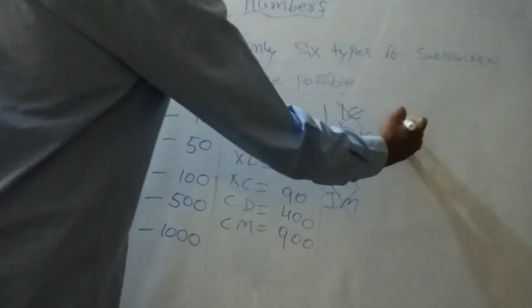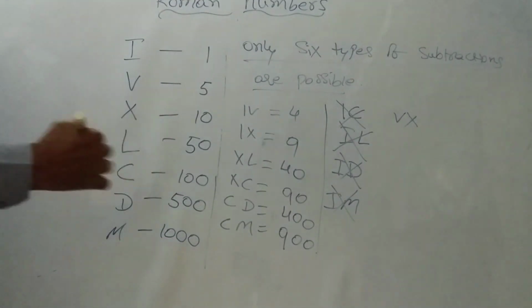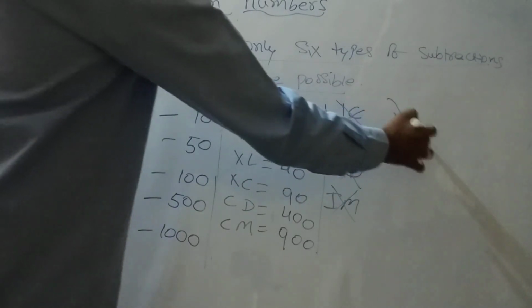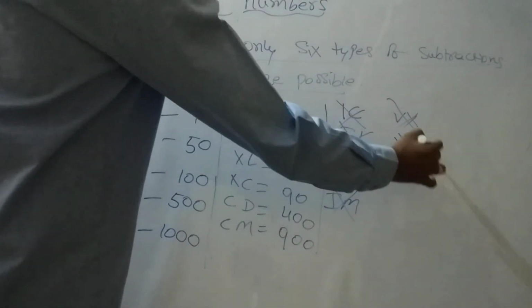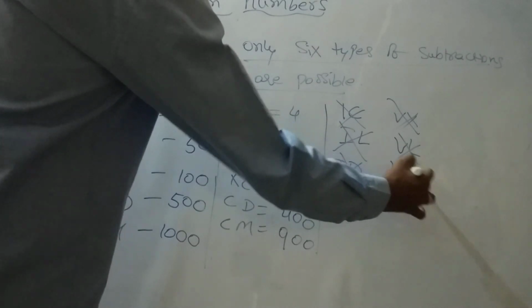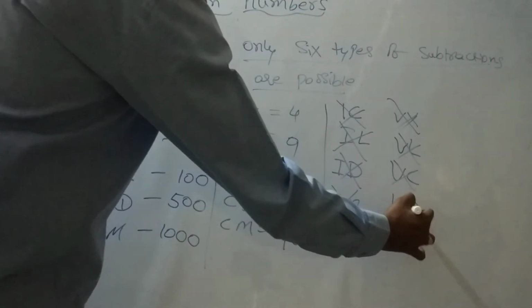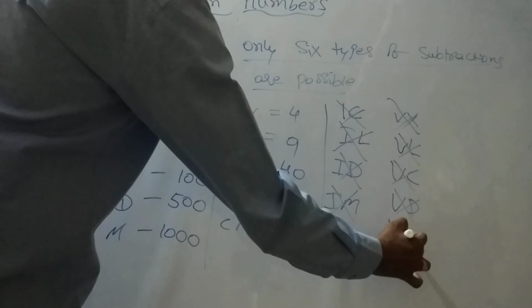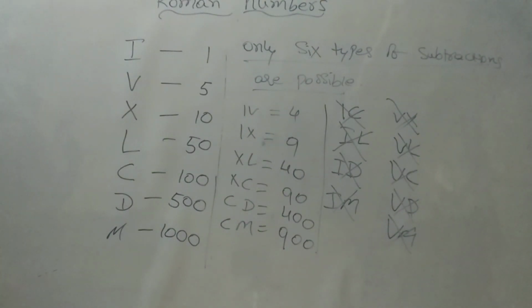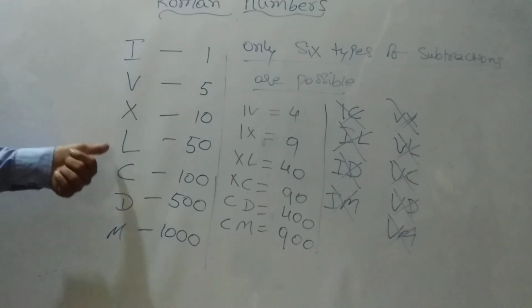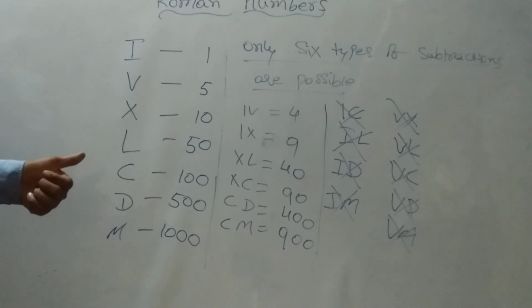Next, with V: VX, V cannot be subtracted. It is not possible. VL, no. VC, no. VD, not possible. VM, not possible. V cannot be subtracted. Next, L also cannot be subtracted.